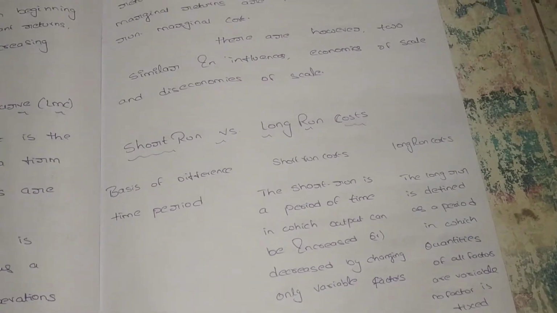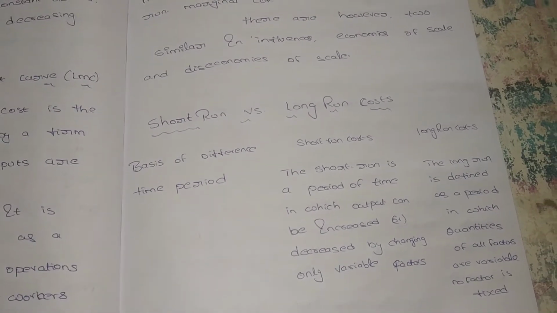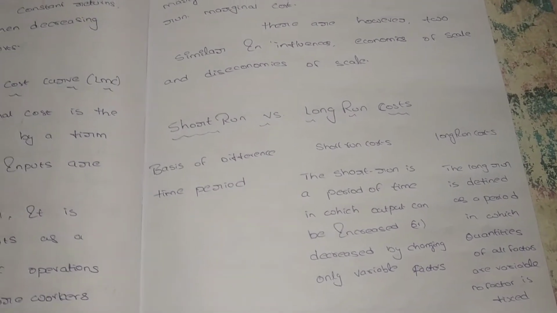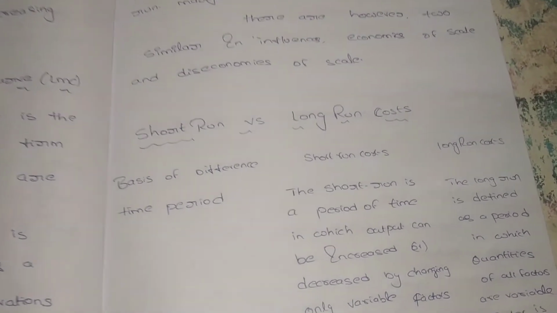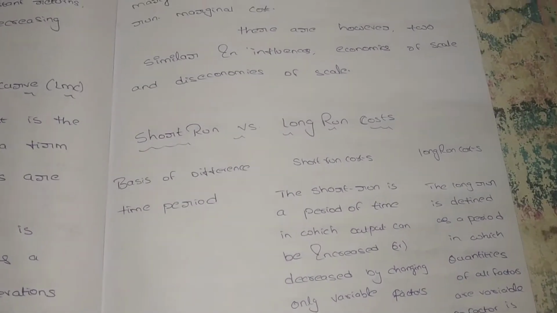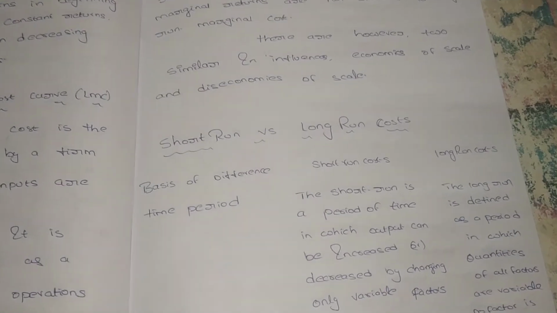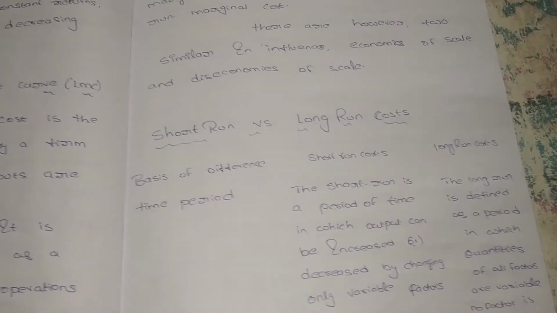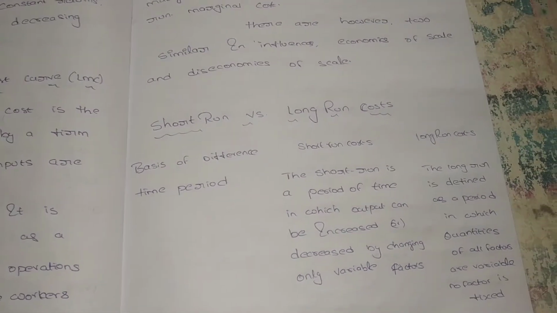When comparing the short run and long run, the short run period is less than 1 year and the long run period is 1 year to 5 years. And the cost: there is very little difference in the short run, but there is a huge difference compared to the long run. In the short run, all input factors are fixed except one, but in the long run, all input factors are variable. That's why there is a chance for increasing the business, means expansion of business.